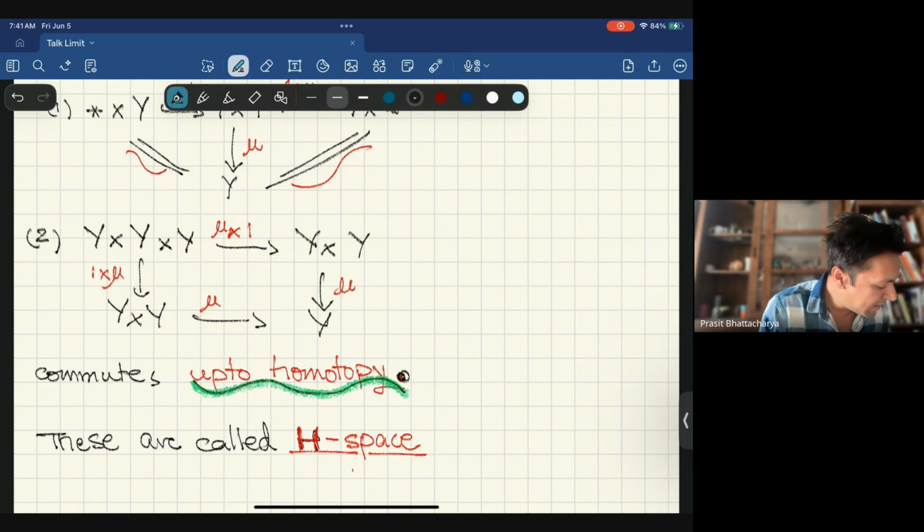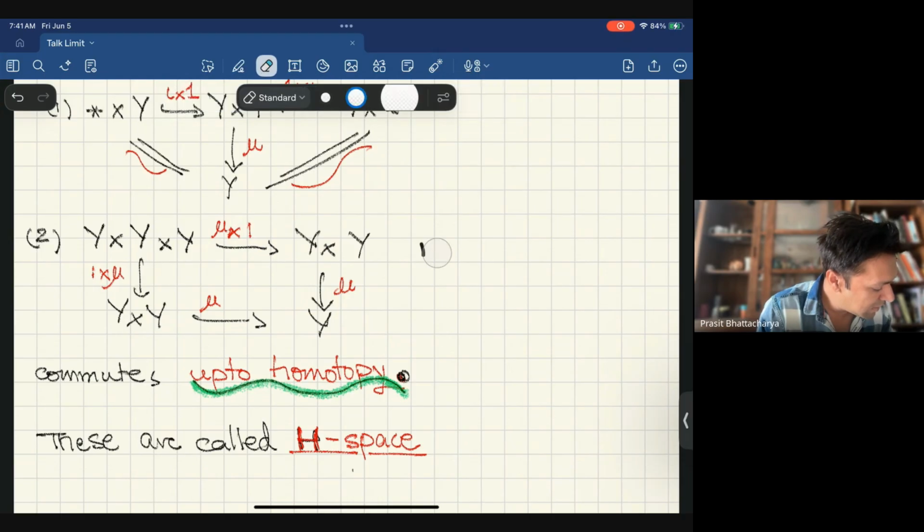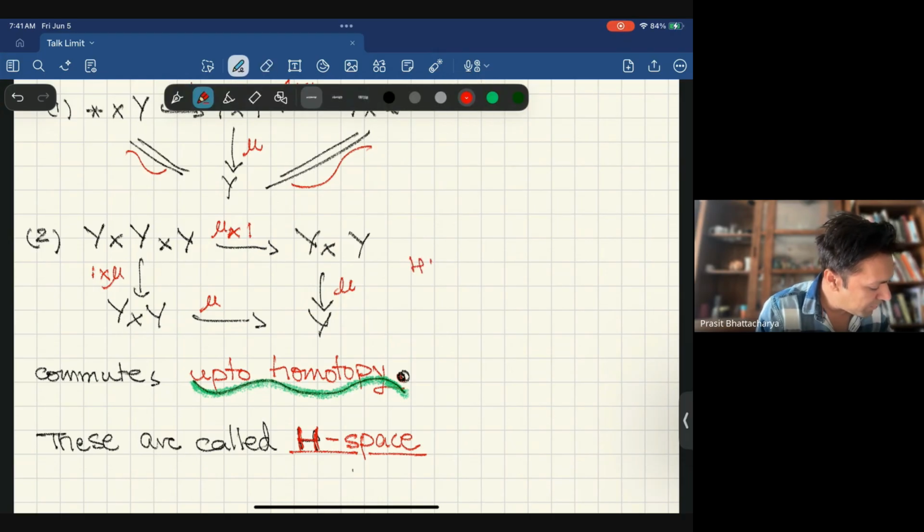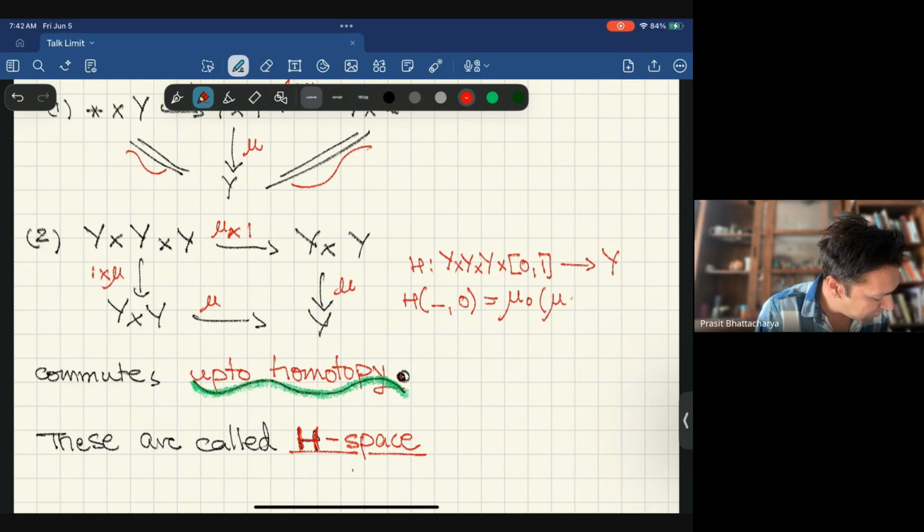Rigorously, it means that I have a homotopy H which is going to be a map from Y cross Y cross Y cross the unit interval to Y, such that at 0, this is going to be mu composed with mu cross 1, and at 1, this is going to be mu composed with 1 cross mu.